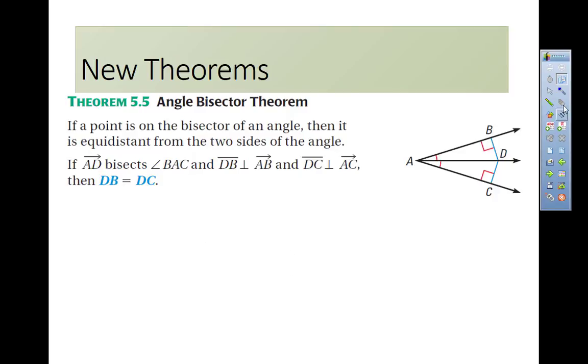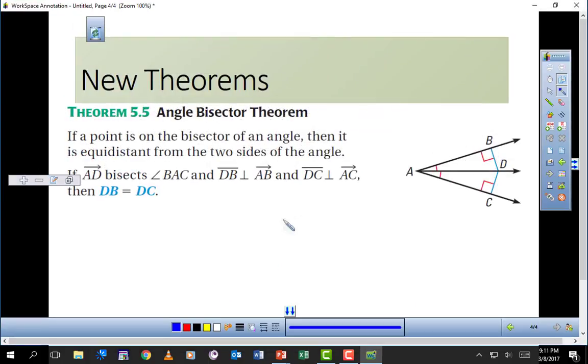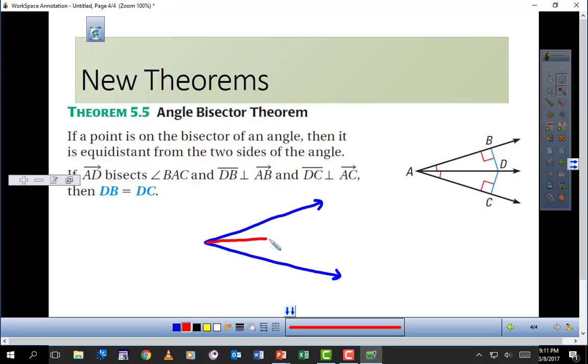So let's kind of draw this out in slow motion now. Remember, we start off with an angle like this. Okay, there's our angle. We then bring an angle bisector into the picture. Okay, like this. And now what we do is we pick a point somewhere on that bisector. Pick any point you want. Now, the distance to this ray here, remember, it has to make a right angle, right?